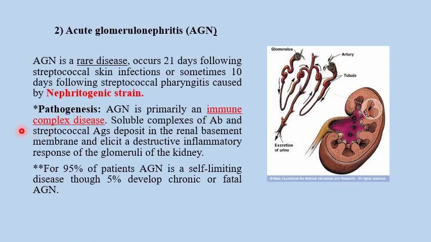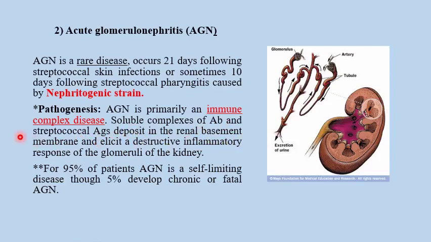What happens in this immune complex disease؟ بيحصل soluble complexes of the antibody and the streptococcal antigens. بيحصل a complex between the antibodies produced by the body against the streptococcal antigens. Okay, they combine together forming a soluble complex.